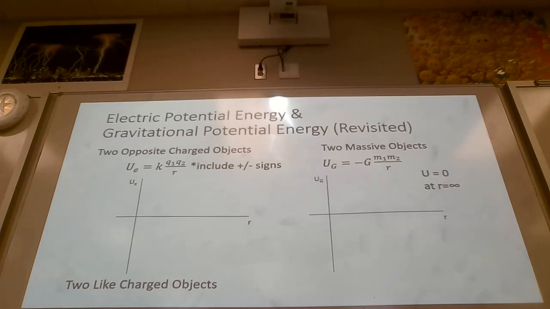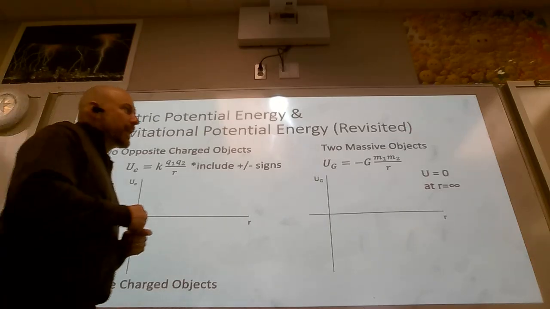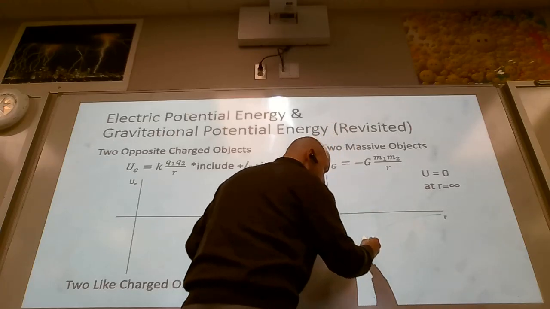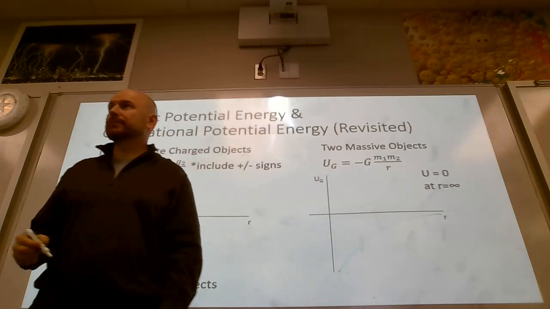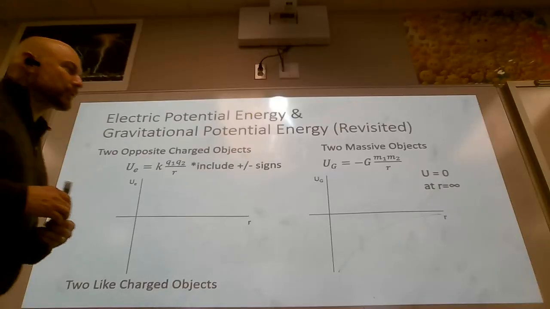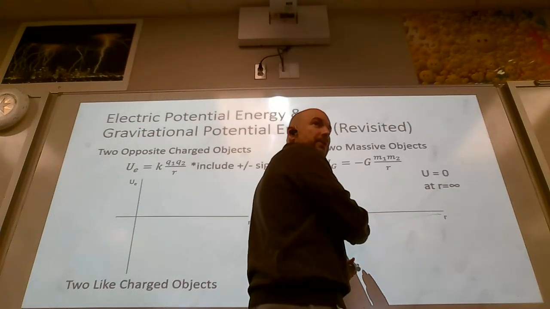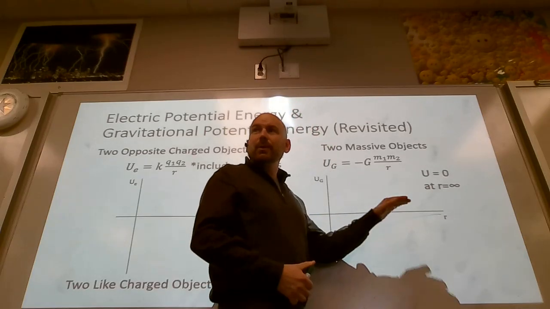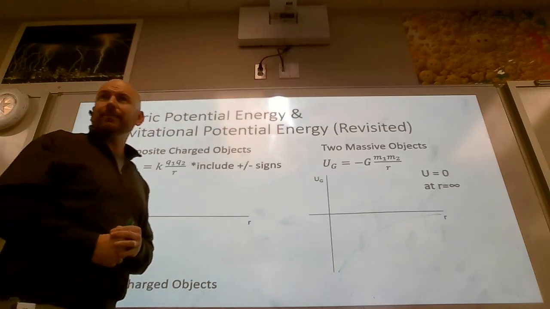All right. So let's first look at gravity. Gravitational potential energy looks like this, right? As you get closer and closer together, you're decreasing potential energy, but we're going more in debt. So we're going away from zero, less than zero.